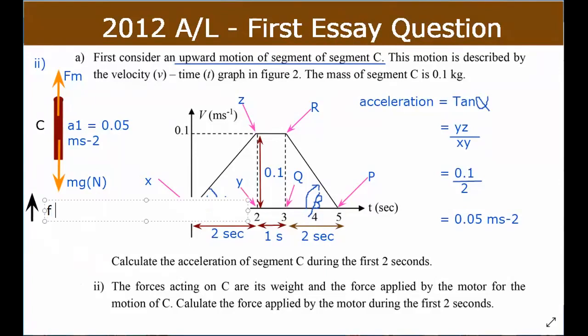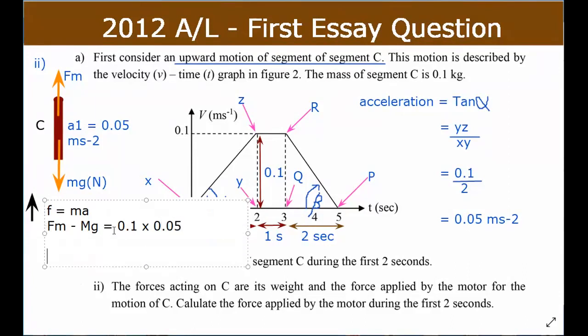Let me apply the equation F equals ma. There are two forces. The upward force is Fm, downward force is mg. Therefore, the total upward force is Fm minus mg. Mass of the object is 0.1 kilogram. Acceleration is 0.05.